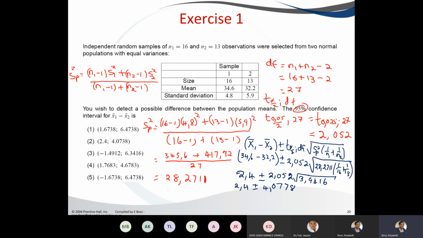Now I need to split it into 2. Since I'm running out of space, I'm going to write here. So we can substitute. We start with the minus first, 2.4 minus 4,0778. I hope you are able to see what I am writing there.